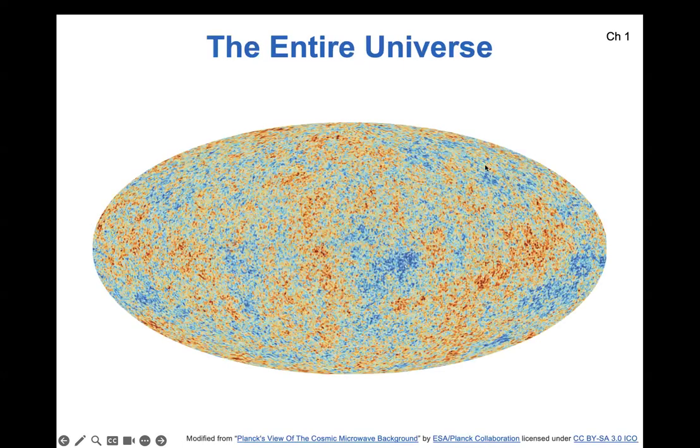Okay, so here is the entire universe shown in one representation. This way of showing it is looking at something called the cosmic microwave background radiation, which is a leftover signal from the Big Bang. And because that signal is everywhere, it's a natural or intuitive way of showing the universe as a map.